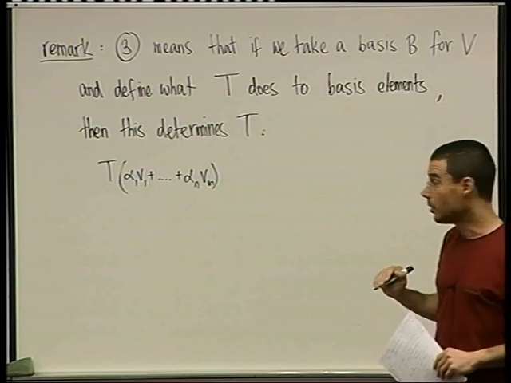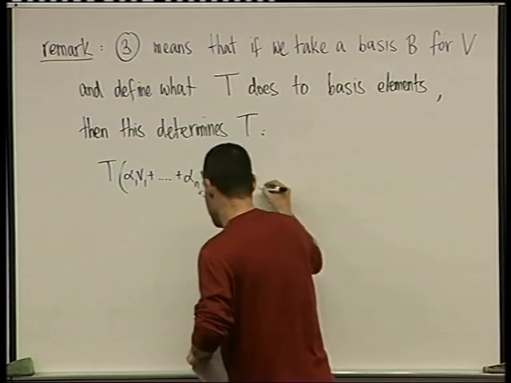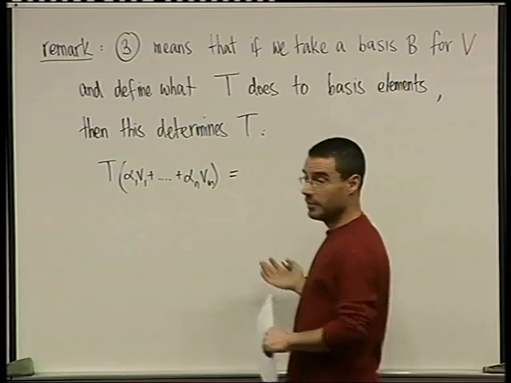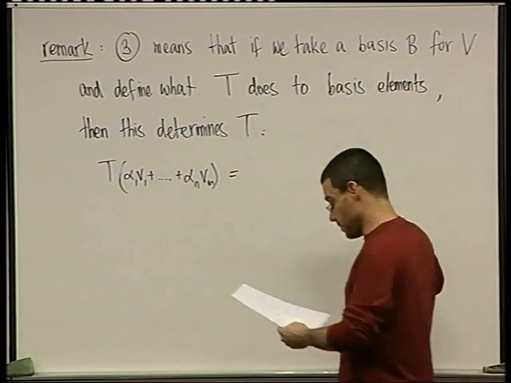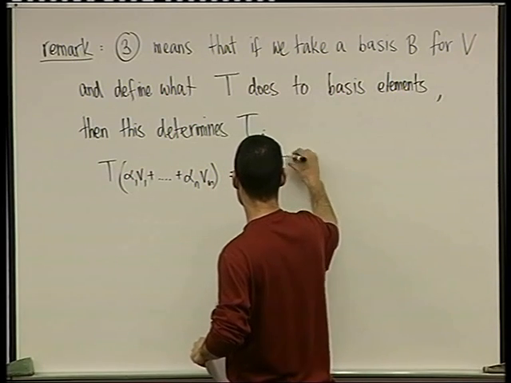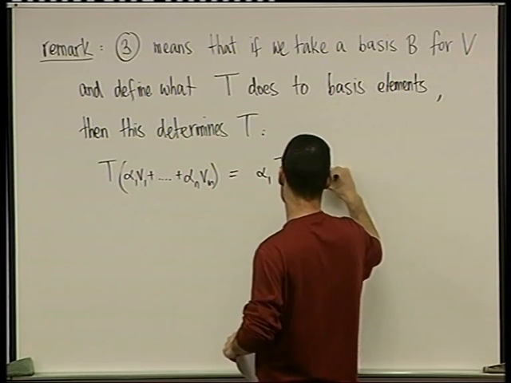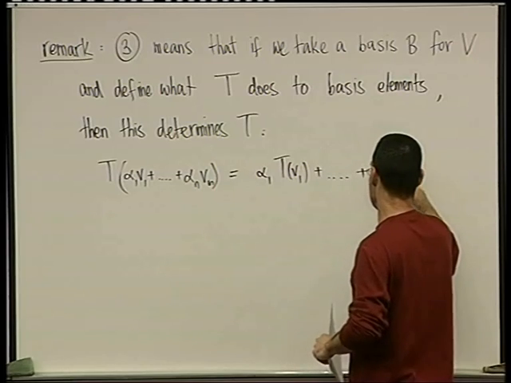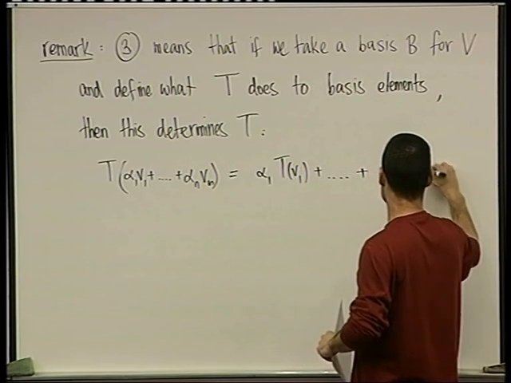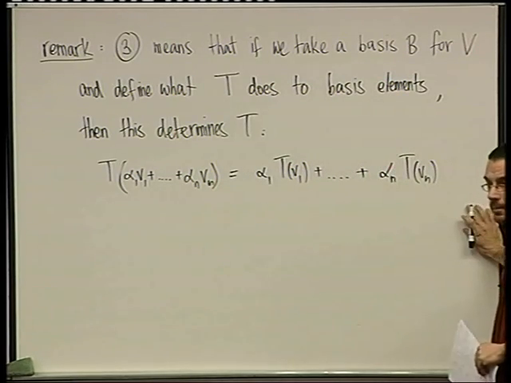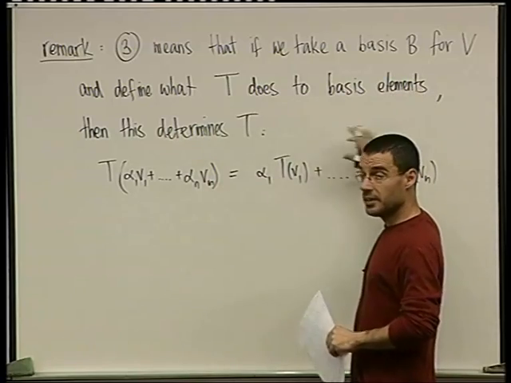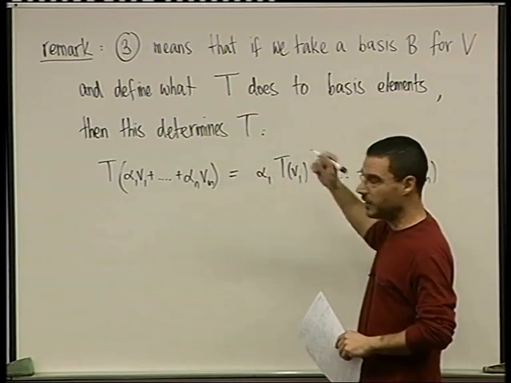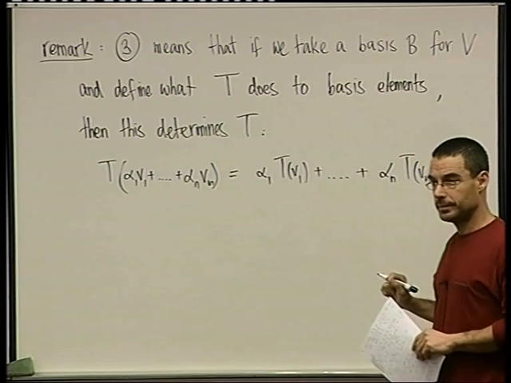It's precisely alpha 1 T of V1, which was the W1, and so on. Okay, so it's precisely the linear combination of the images. Okay? Good? If you take a basis and prescribe what T does to the basis elements, it fixes T. Good?